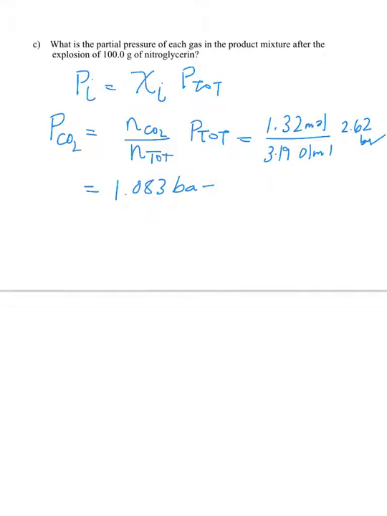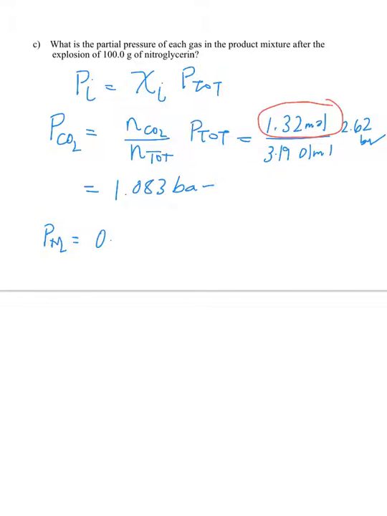Now, for the other three products, nitrogen, water, and oxygen, all I have to change in this calculation is the number of moles of the chemical species in question. So if I do that, I get the partial pressure of nitrogen. There I would multiply by 0.6605 moles.